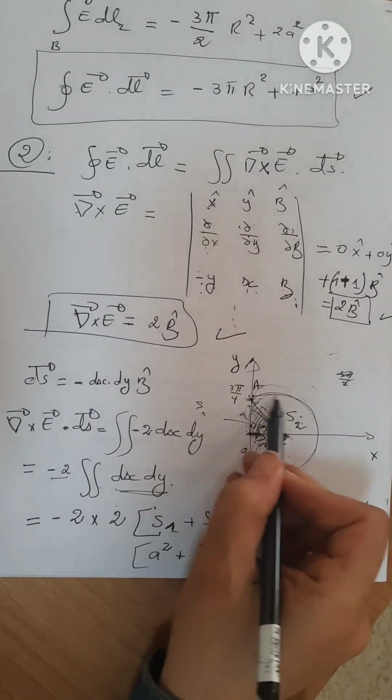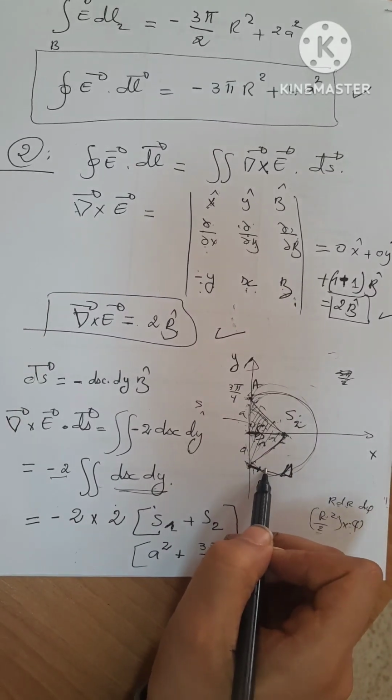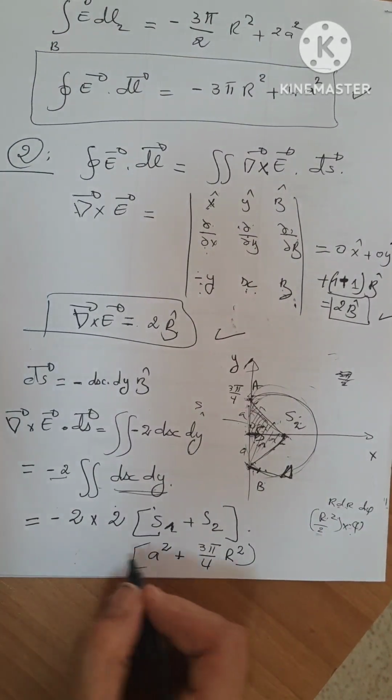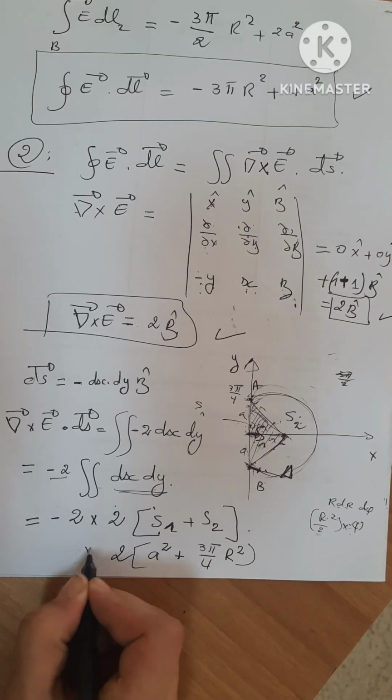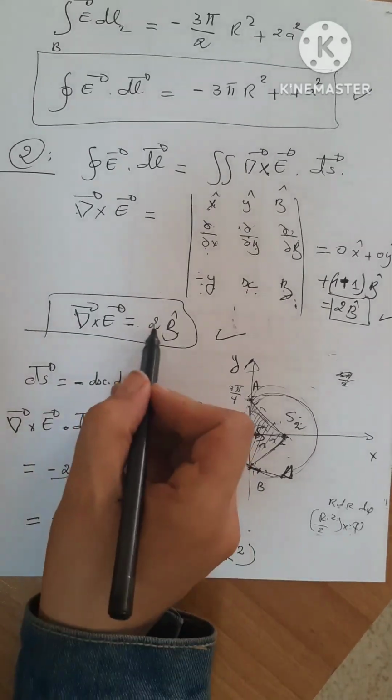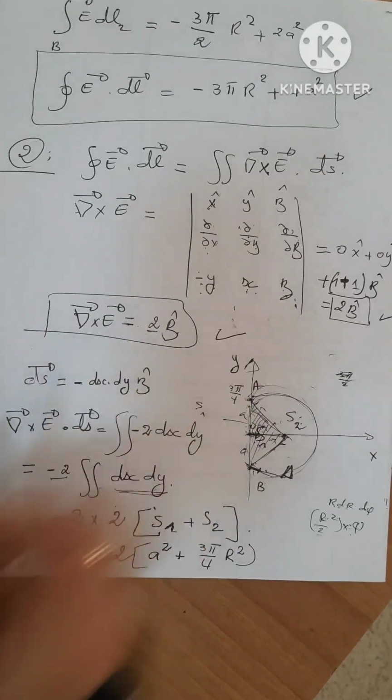We know that we have 2 surfaces, not one, so E over this surface and E over the second surface, so it's 2 times this surface times minus 2, of course minus for the direction and 2 for the curl of E, okay.